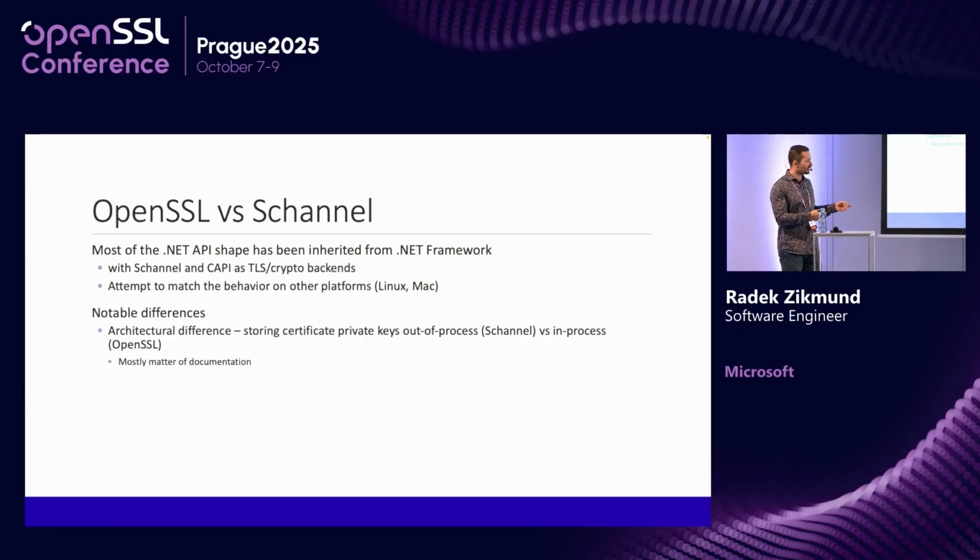And the way it works is that there is some privileged process, the Local Security Authority service, which handles all the sensitive information or operations with the private keys. And there is an IPC channel between the application and this privileged process, which does everything. So the TLS handshake actually includes lots of IPC back and forth between multiple processes.